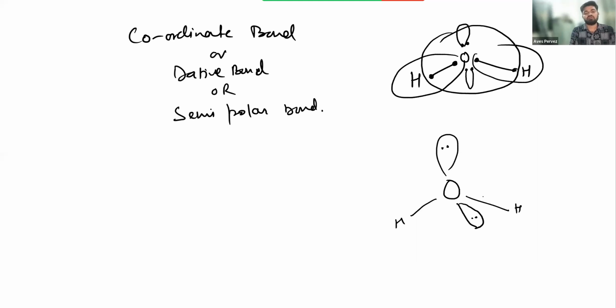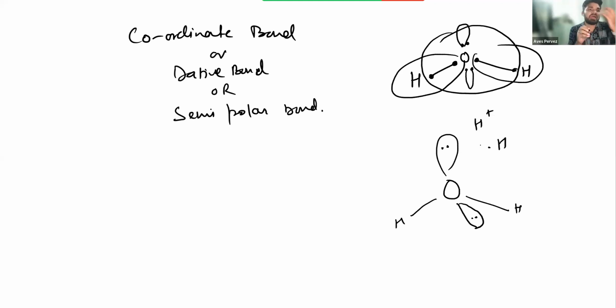When an H plus ion comes here, it does not have electrons, since it has already donated its electron. If oxygen were to share a single electron, it would not make a bond, because oxygen cannot have 9 electrons.